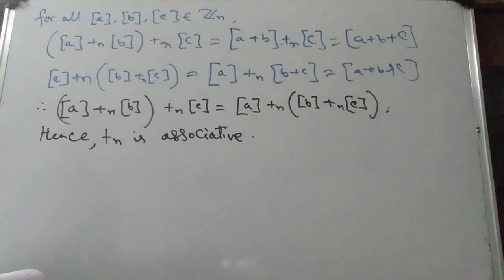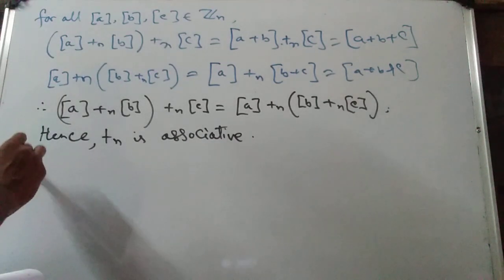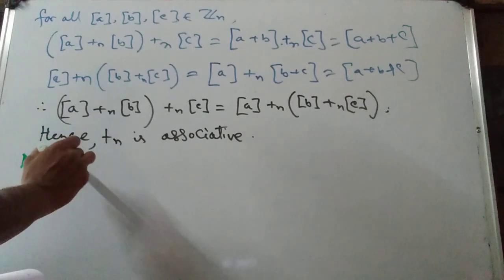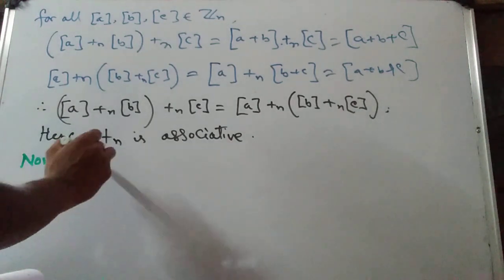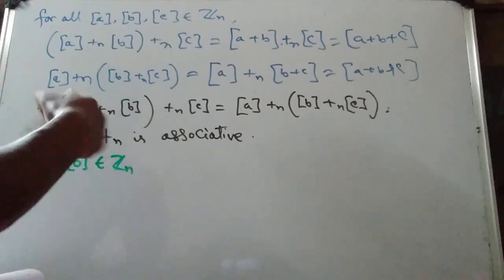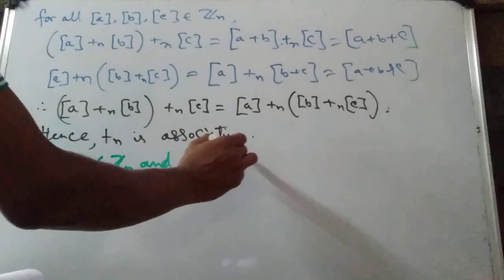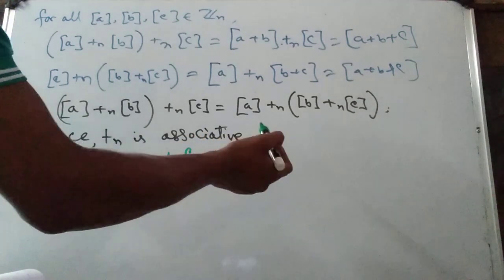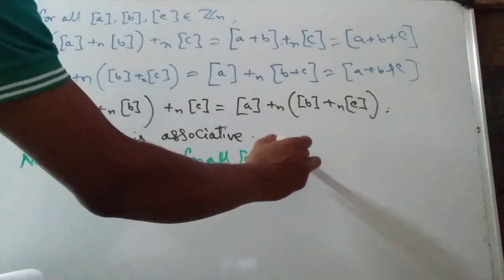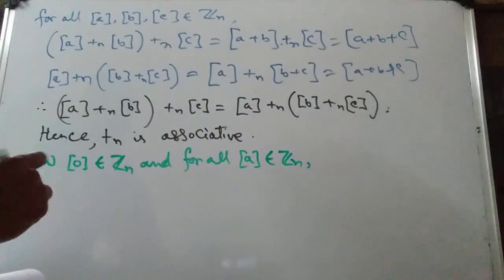Understood? Then we are now going to discuss that here. Okay, now class 0 belongs to Zn. And for all class A belongs to Zn, what happened now?